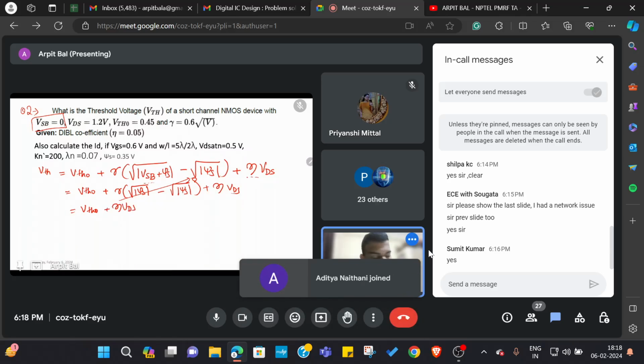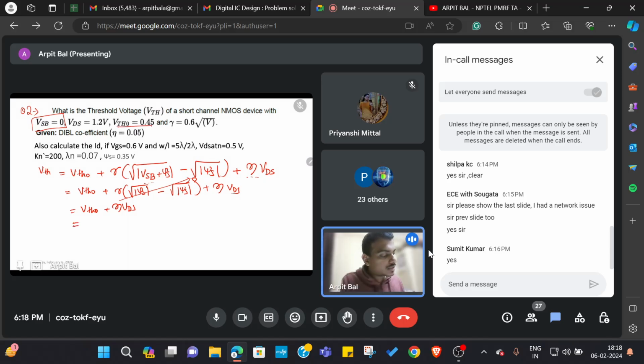VDS is given to us as 1.2 volt and VTH naught is given to us as 0.45 volt. So it is 0.45, and this should be minus 0.05 into VDS, which is 1.2 volt.